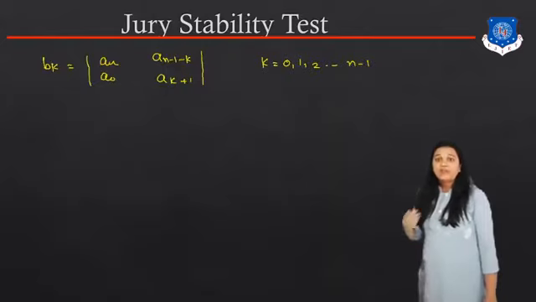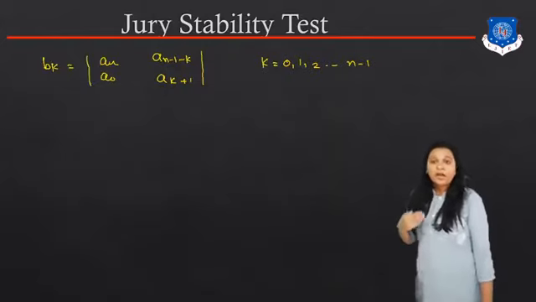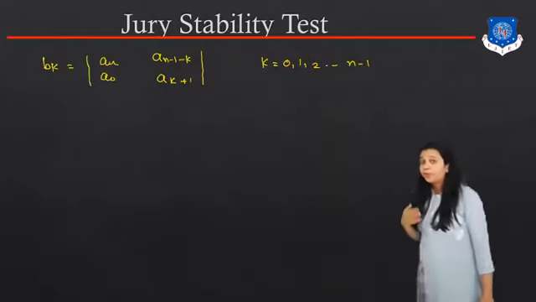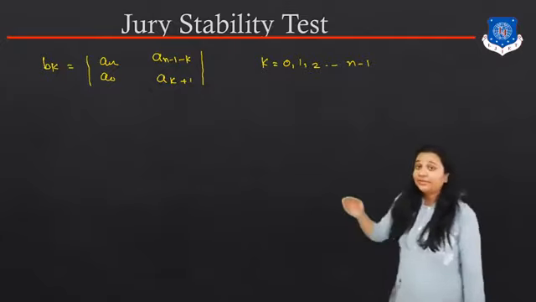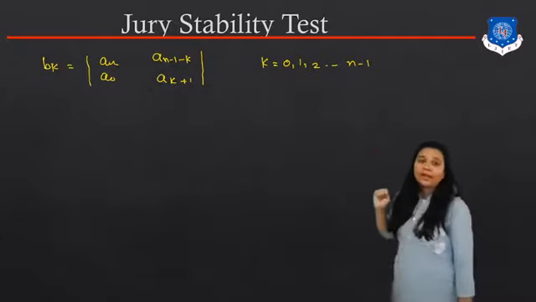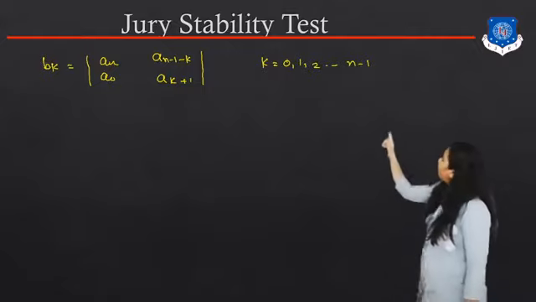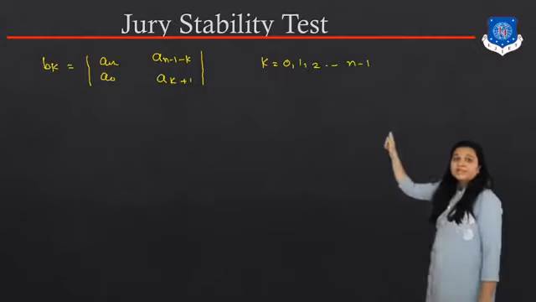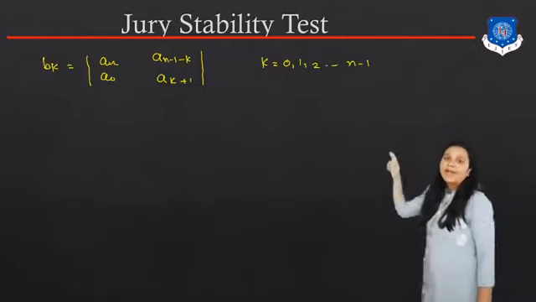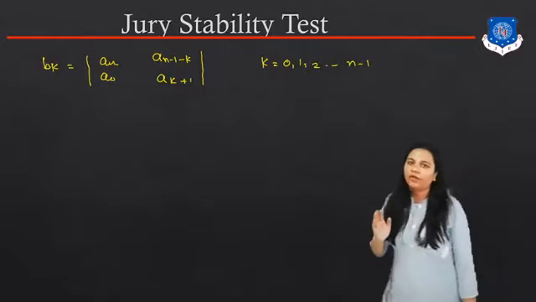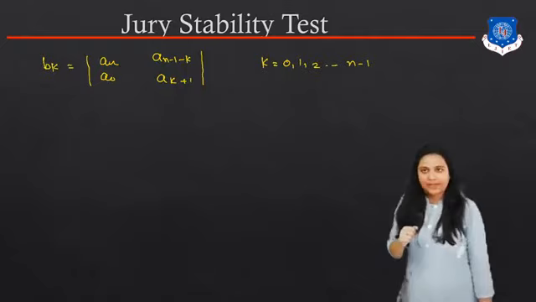Now next, how we can find the values of b0, b1 and b2. This is the standard equation to find the values of b0, b1, b2. What is the value of k? k will vary from 0, 1, 2 up to n minus 1.